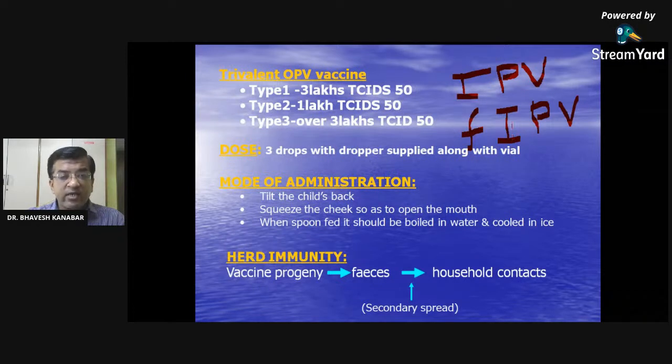It is injectable, given as an intradermal vaccine, FIPV at 6 week and 14 week. Right? Write down in the chat box what you have understood about IPV and OPV doses.